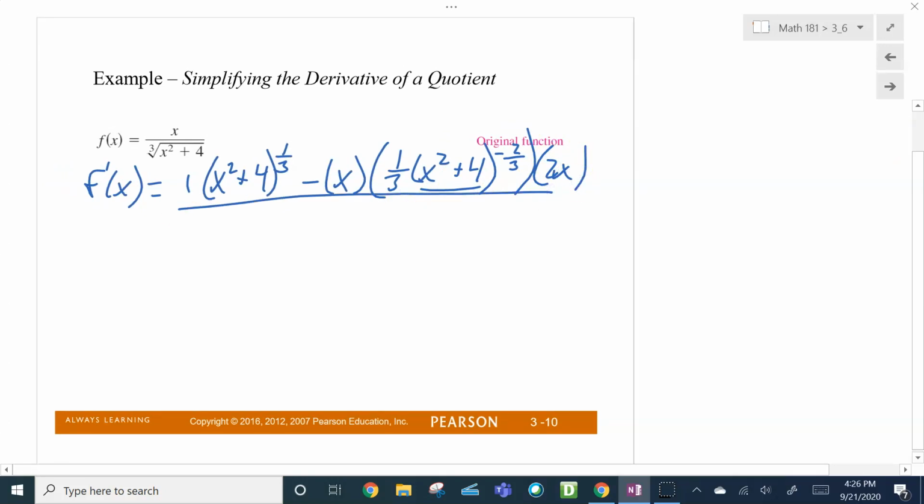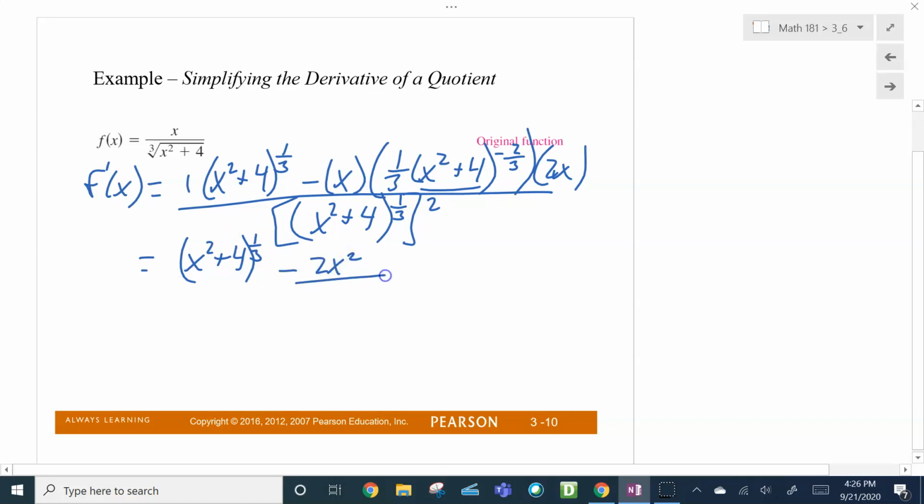And this is all over x squared plus 4 to the 1/3 squared. So we've got the third root of x squared plus 4, so x squared plus 4 to the 1/3. Then we've got minus 2x squared over 3 times x squared plus 4 to the 2/3. This is all over x squared plus 4 to the 2/3.